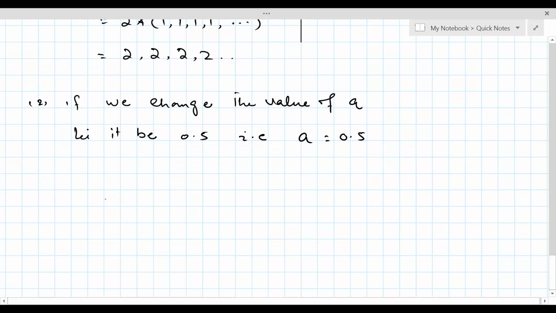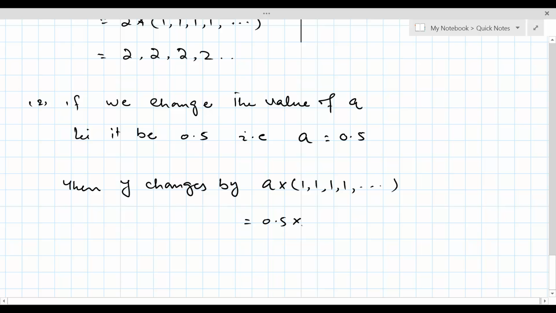Then y changes by a times 1, 1, 1, 1, and so on. Means this will be 0.5 times 1, 1, 1, and so on.